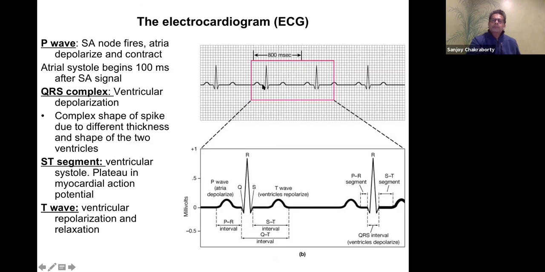So P wave, QRS complex, T wave, then a pause, P wave, QRS complex, T wave, then a pause, P wave, QRS complex, T wave, and so on. So P wave is atria depolarized, QRS complex, ventricle depolarized, T wave, ventricle repolarized. Atrial repolarization we cannot see because it's masked by QRS complex. So this is ECG or EKG.